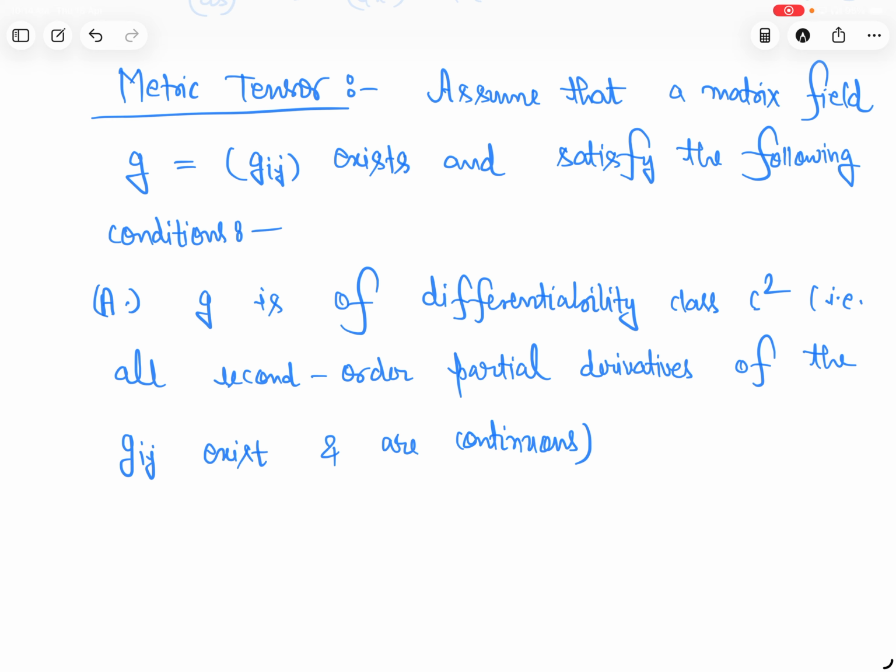Okay. The second order partial derivatives you calculate of Gij are going to be continuous. That means G is said to be of differentiability class C2.